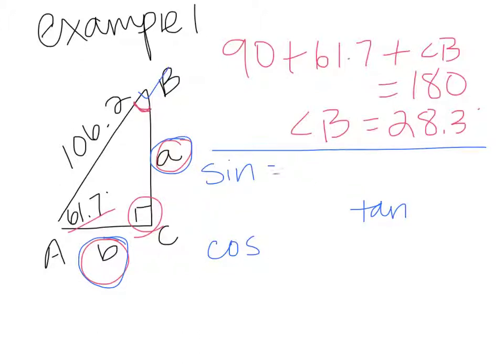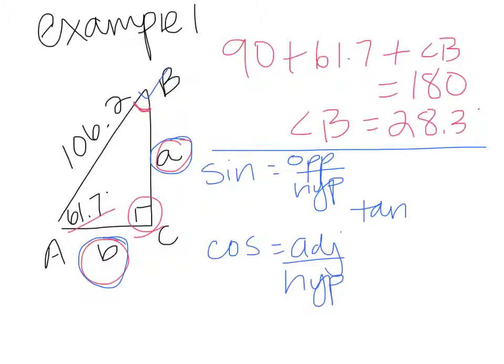Remember, the sine of an angle is the ratio of the opposite side to the hypotenuse. The cosine of an angle is the ratio of the adjacent side to the hypotenuse. And then the tangent ratio is the opposite side to the adjacent side.